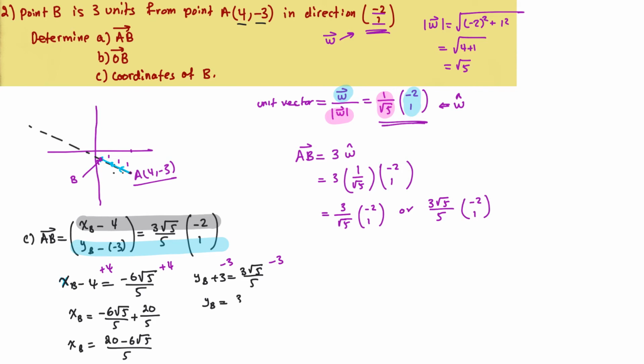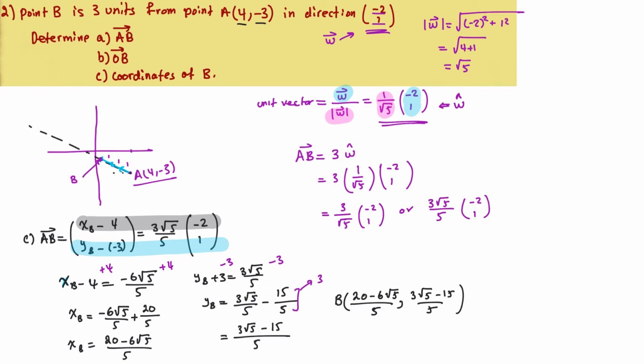So this is going to be 3 root 5 over 5, and I'm going to subtract 3, which I can write as 15 over 5. I will end up getting 3 root 5 minus 15 over 5 as my y coordinate. So the coordinates of B will be (20 minus 6 root 5 over 5, 3 root 5 minus 15 over 5).